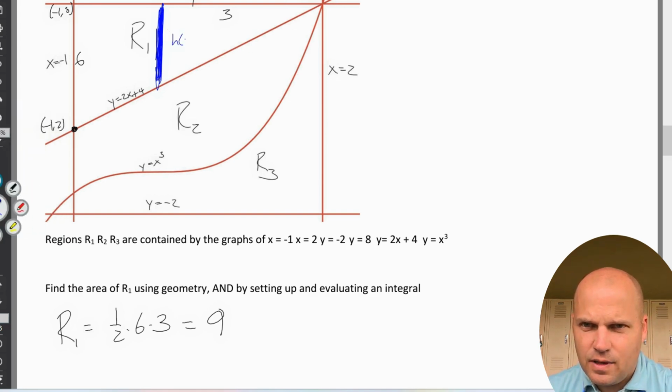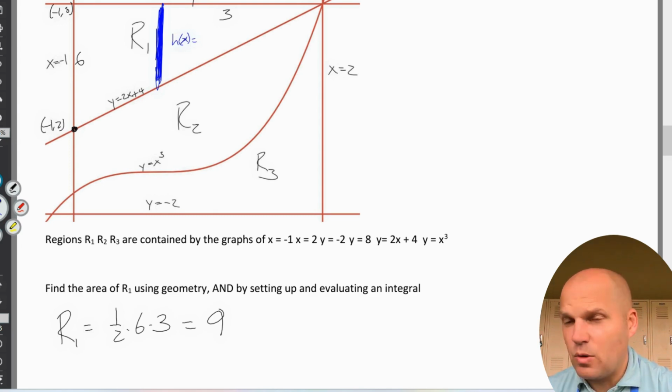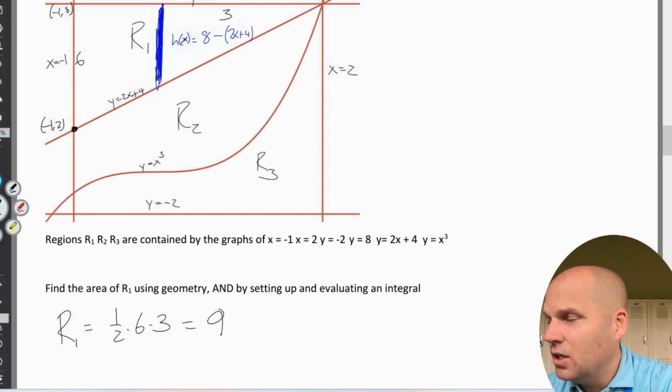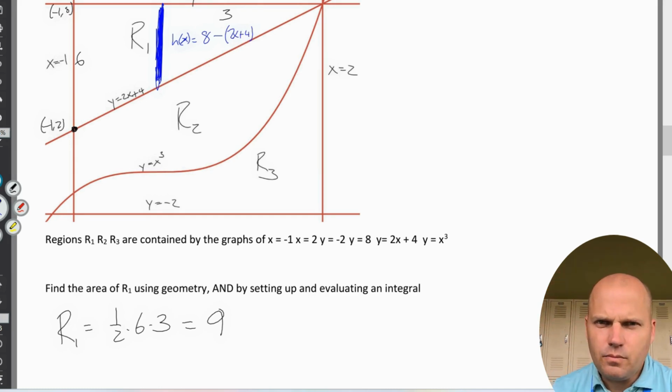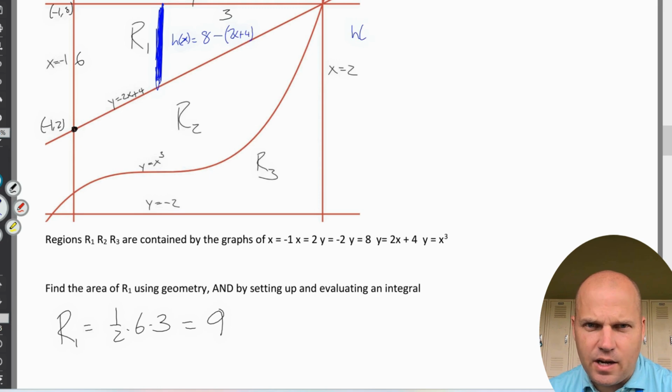Its height at a certain x value will always be determined by the y coordinate at the top of 8 minus the y coordinate at the bottom, which is 2x plus 4. So depending on the x, the y coordinate will be 2 times x plus 4, giving me a height equation for the first guy, which I'll write down as h1 as 4 minus 2x.